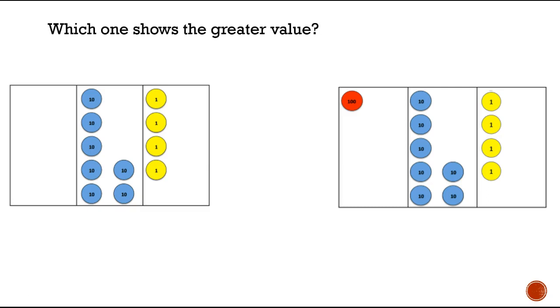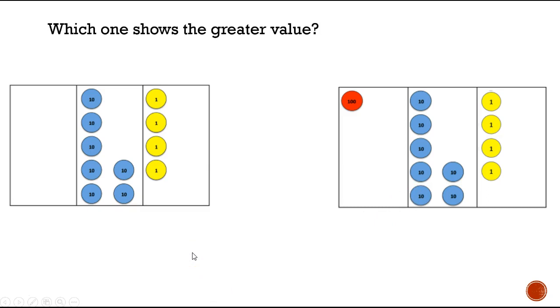Okay, so I've got two charts here, and I need to know which one shows the greater value. What does greater mean? Does greater mean bigger or smaller? Right, greater means bigger. So which of these has the bigger or the greater value? Is it this one or this one?